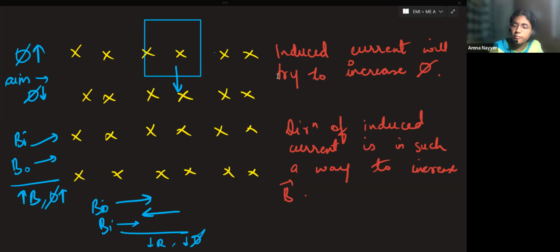You will subtract. When both were pointing in the same direction, you added the fields, so you got a net increment in the field. When magnetic field lines are pointing opposite to each other, the resultant magnetic field will decrease. So if the net magnetic field is decreasing, the magnetic flux will also decrease.